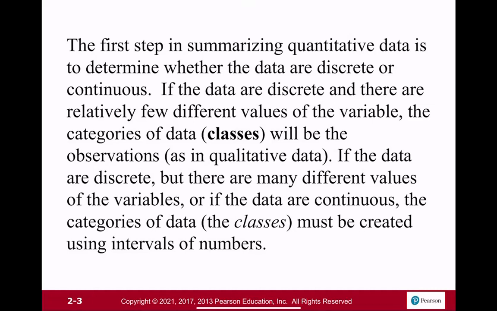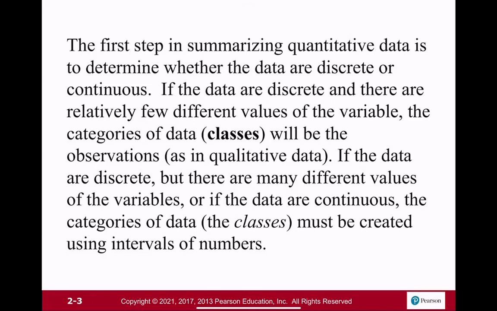If the data are discrete and there are relatively few different values of the variable, the categories of the data are going to be classes. Similar to what we did earlier in section 2.1, we don't want to put everything in its own category, especially if we're looking at a bunch of different numbers.